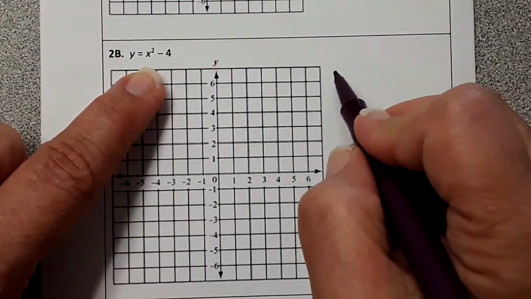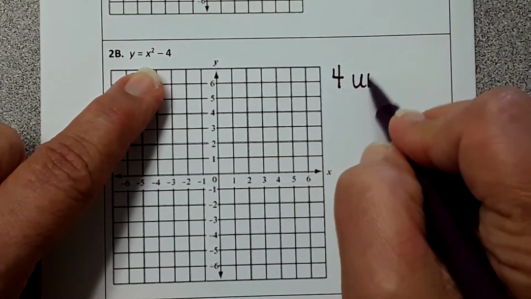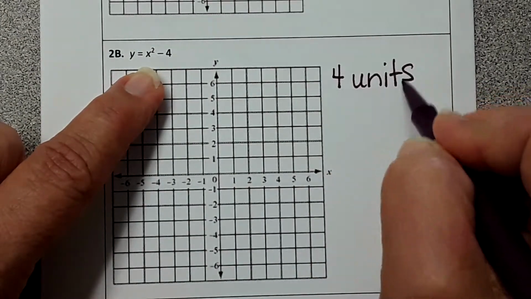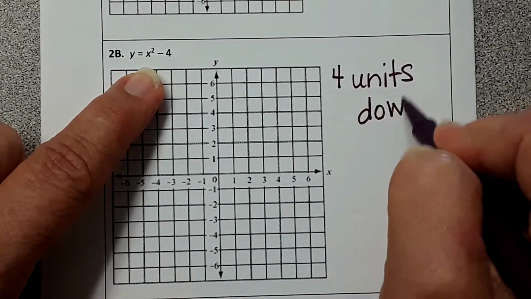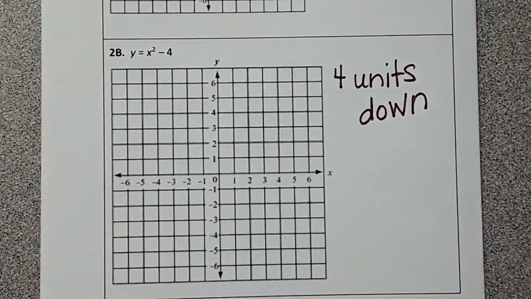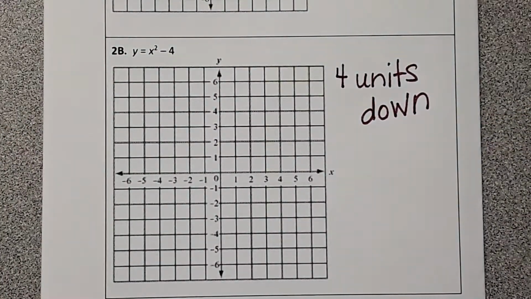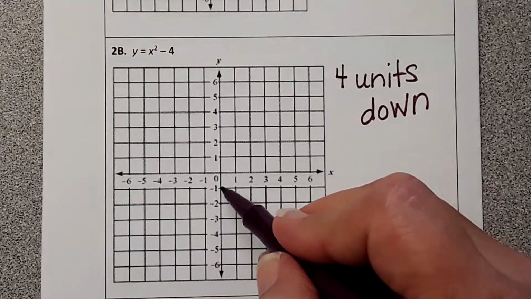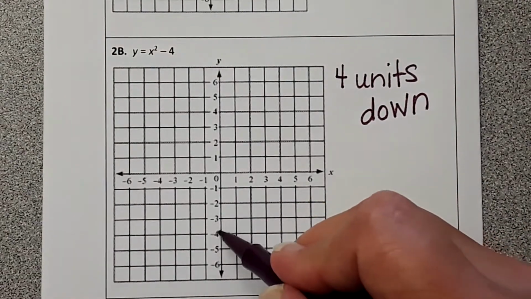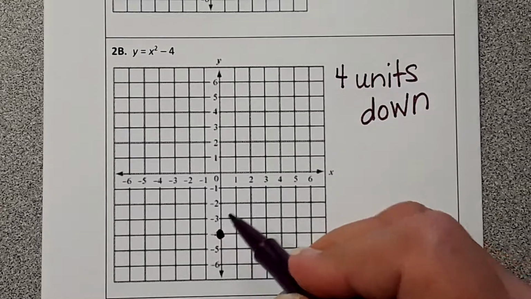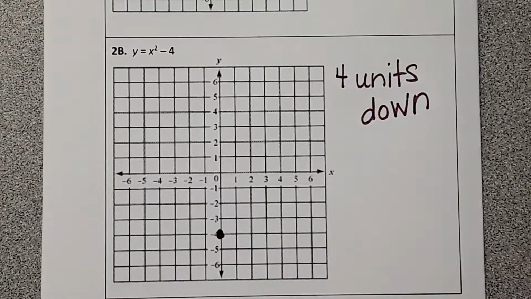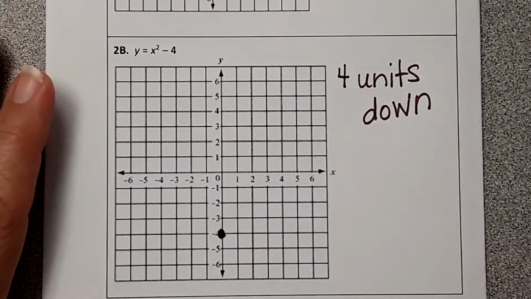So it would be 4 units down. Because that is a negative 4, and because it's a negative 4, we're going down. We're going to count down. 1, 2, 3, 4.